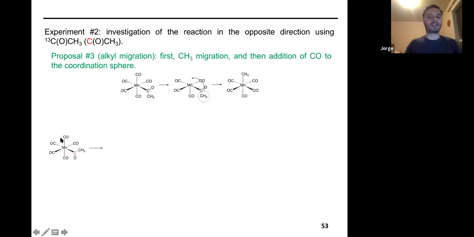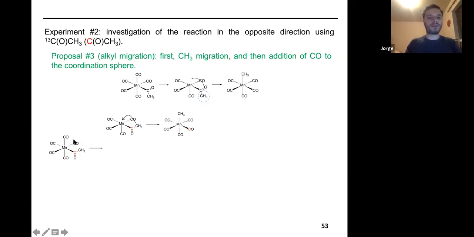So let's start losing the carbon monoxide in the top position. That will create a vacant site right over here that the methyl ligand will migrate to, and that will produce a complex where CH3 and labeled CO are cis to each other.